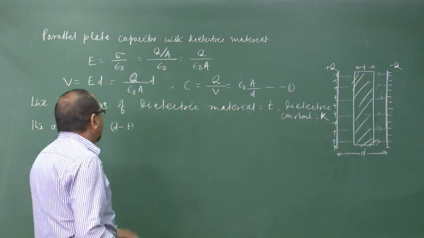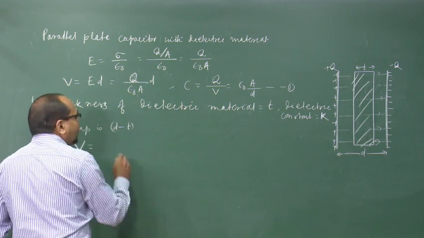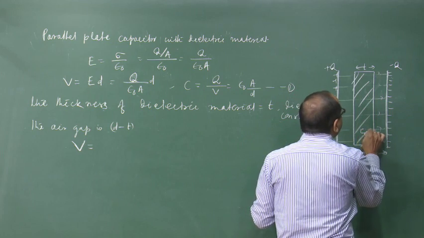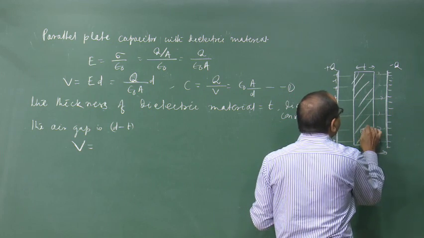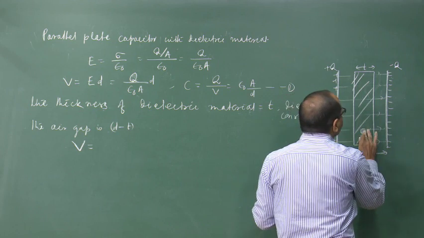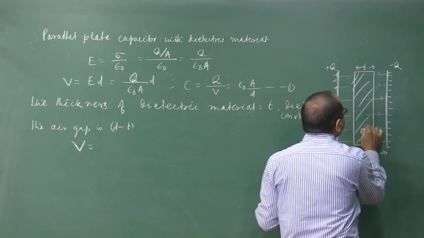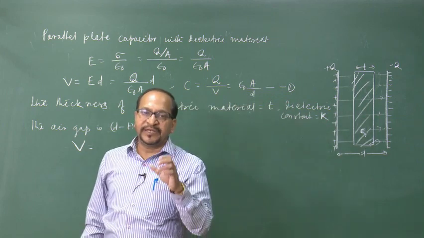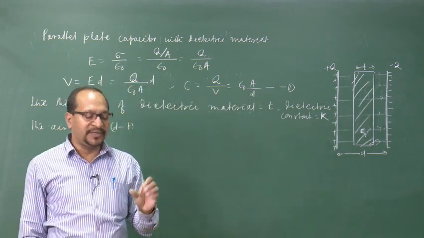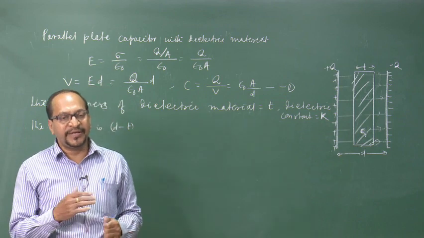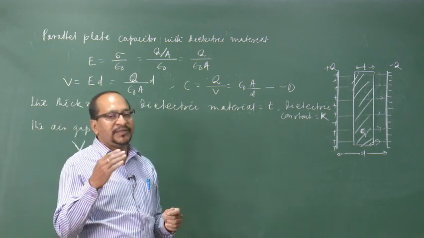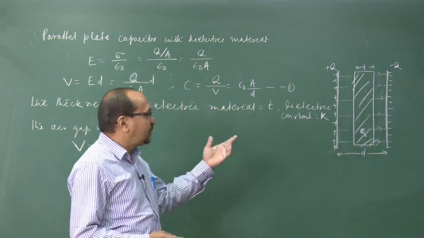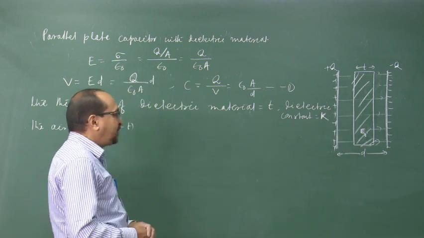The potential between the surfaces of the dielectric is given by the field inside the dielectric, say E I. The field inside the dielectric is now reduced. How many times is it reduced? It is reduced by k times. Already we have discussed that when a dielectric material is introduced in an electric field, because of the polarization, the field inside the dielectric is reduced by a factor k, which is the dielectric constant of that material.